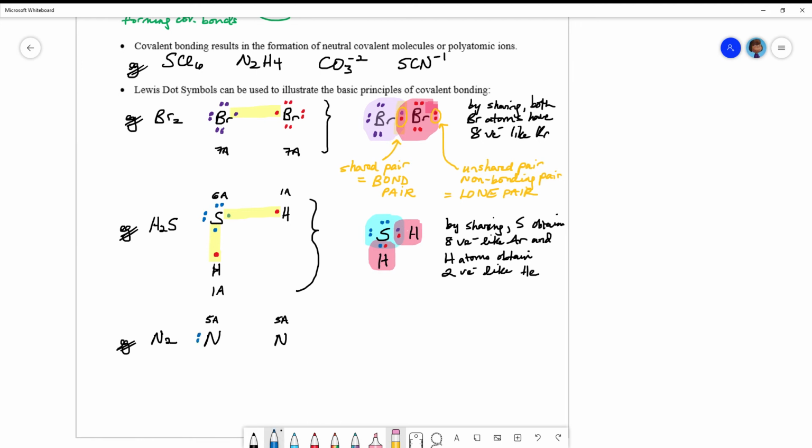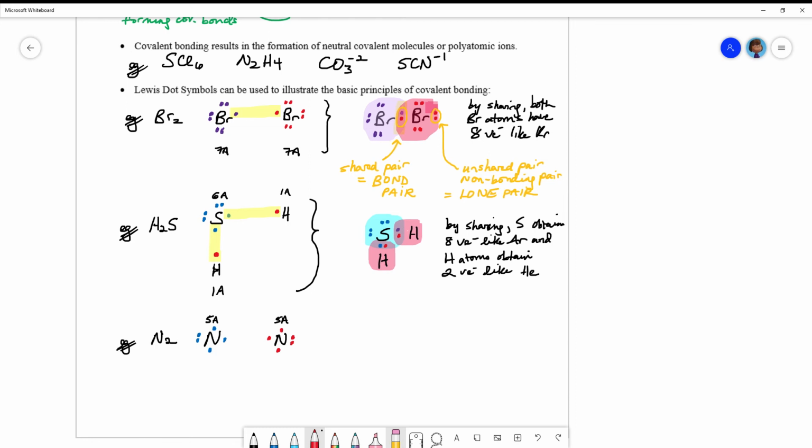So 1, 2, 3, 4, 5 valence electrons, a 1 pair and 3 singles in the Lewis dot symbol for nitrogen. And my other nitrogen, same deal. A pair, 3 singles. There are the 5 valence electrons on my other nitrogen. So once again, each of these nitrogens would like filled valence subshells. Both of these nitrogens can only obtain filled valence subshells if they get 3 more electrons.